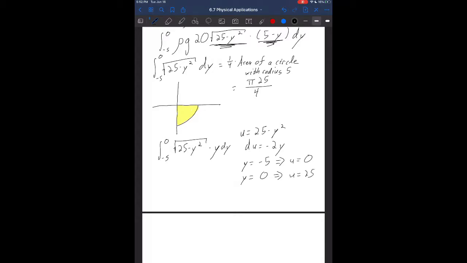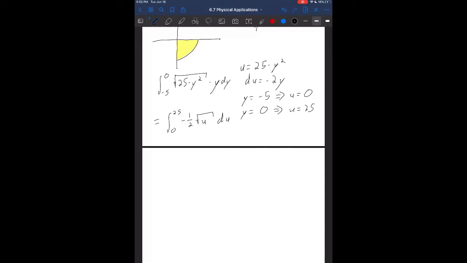So taking all of this new information, plugging it all in, we get that this is the integral from 0 to 25 now of negative 1/2 square root of u du.